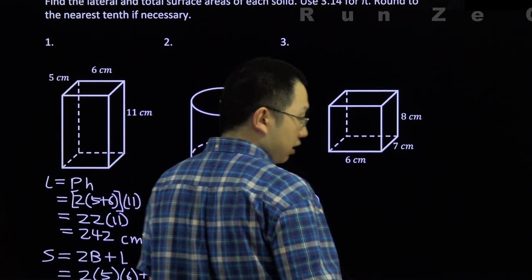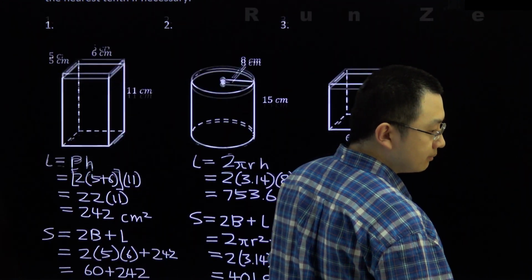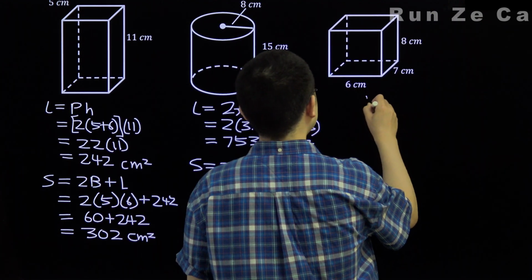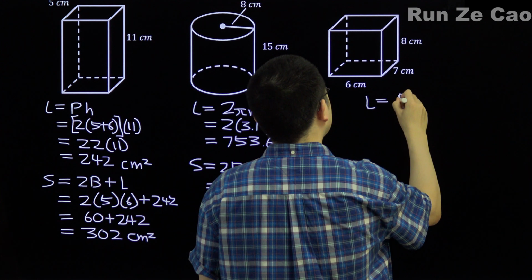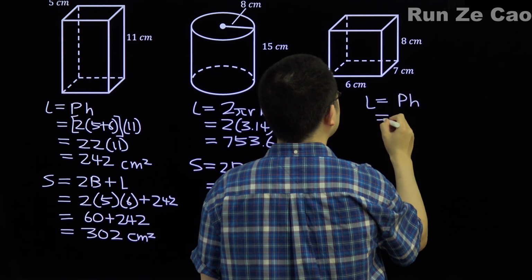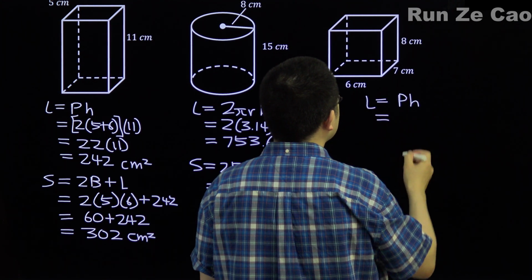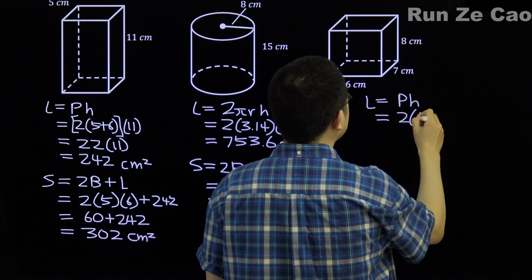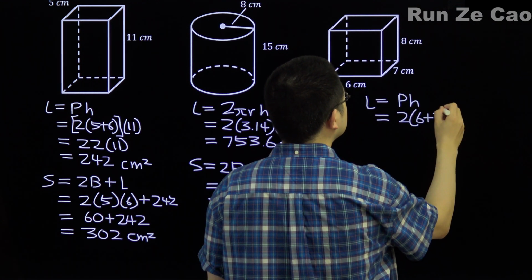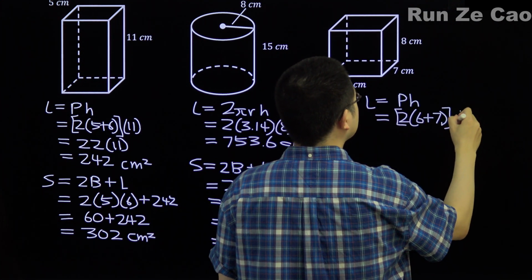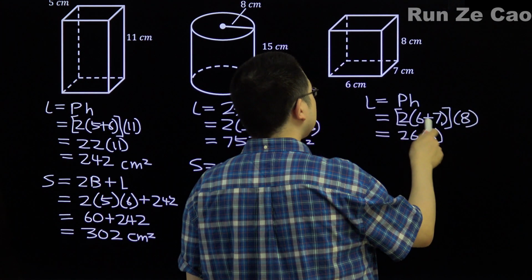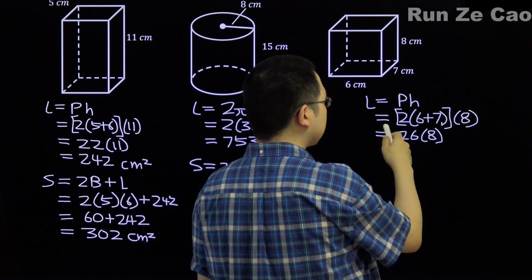So here, the lateral area is equal to perimeter times height. So the perimeter is 2 times 6 plus 7, times the height, which is 8. 6 plus 7 is 13 times 2.